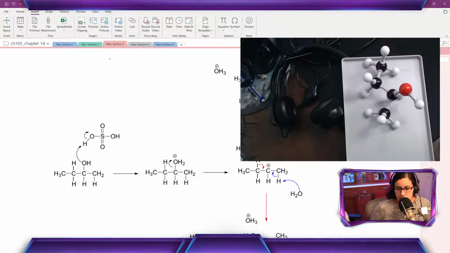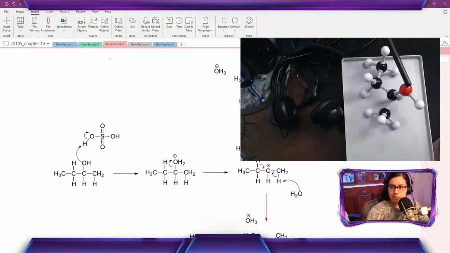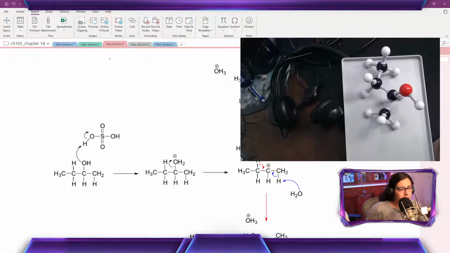There we go, trying to get that a little bit nicer for you. So there's our OH attached to a secondary carbon since it only has one H there. And so that's the hydrogen.